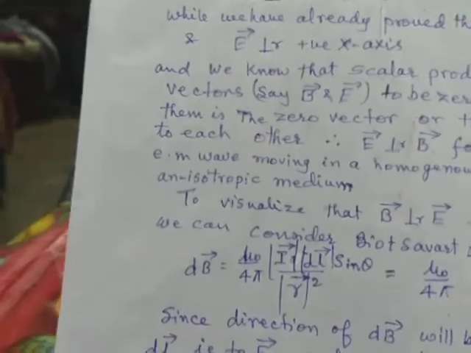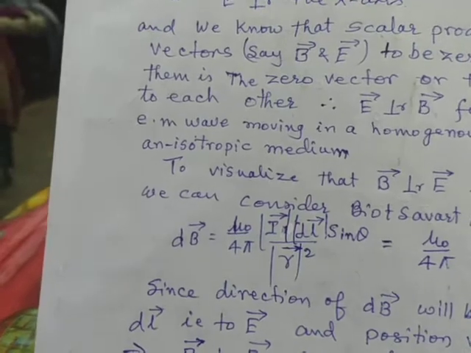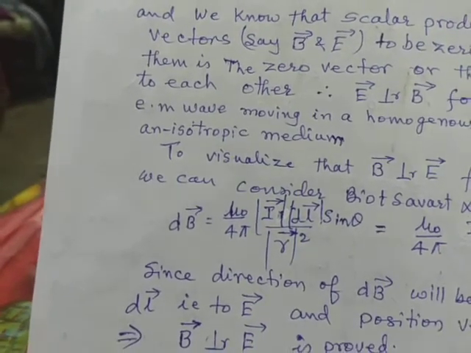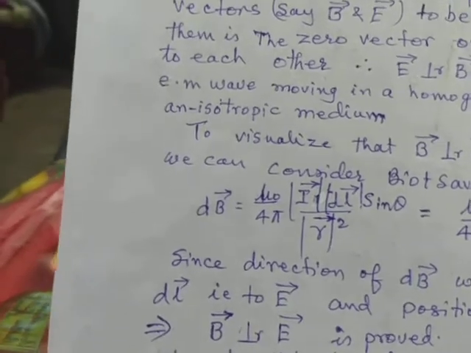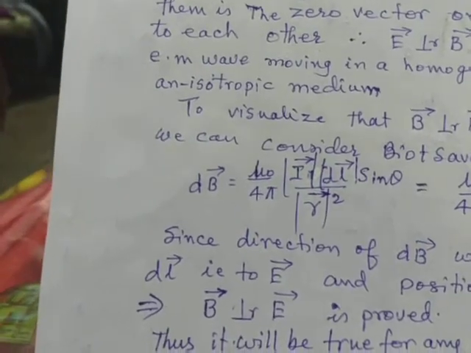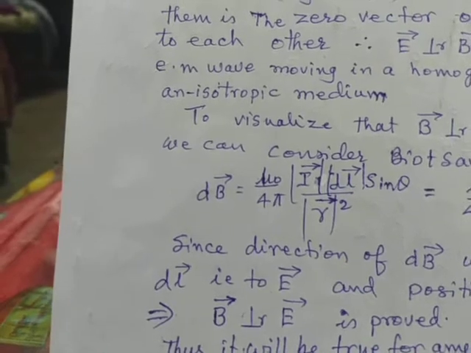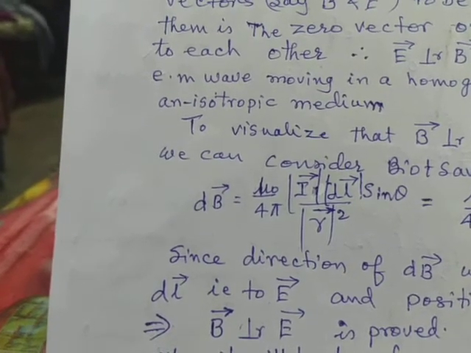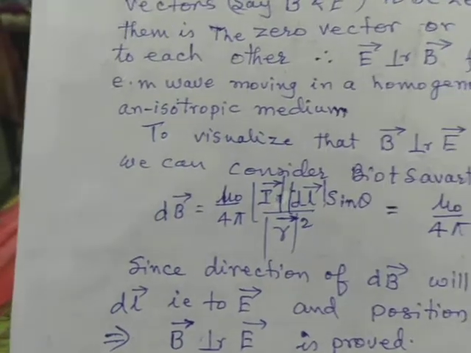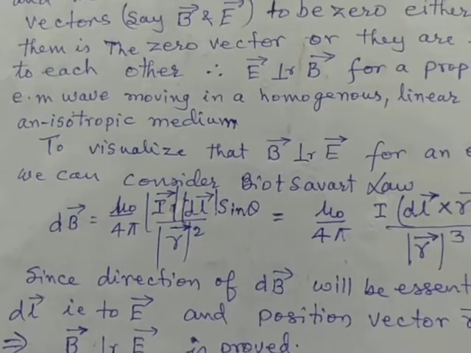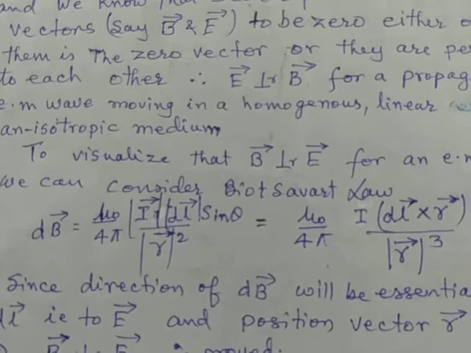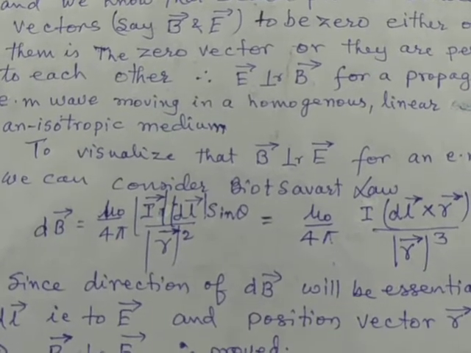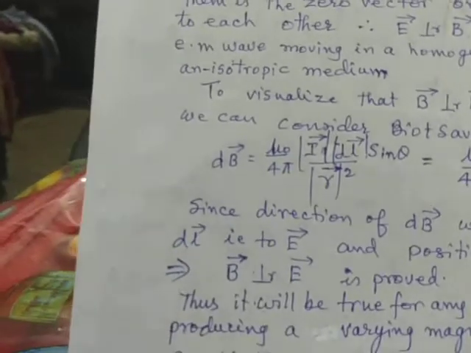Now we can also visualize that B is perpendicular to E for an electromagnetic wave by considering the Biot-Savart law. According to Biot-Savart law, we have dB equal to mu0 by 4 pi, I magnitude dl, sin theta by r square, which in vector form is equal to mu0 by 4 pi, I into dl cross r, whole divided by cube of the magnitude of r vector.